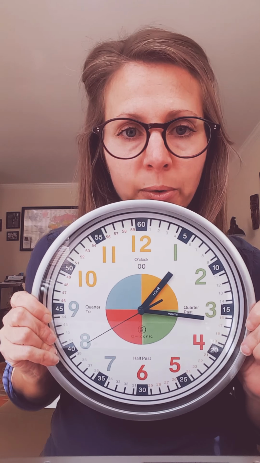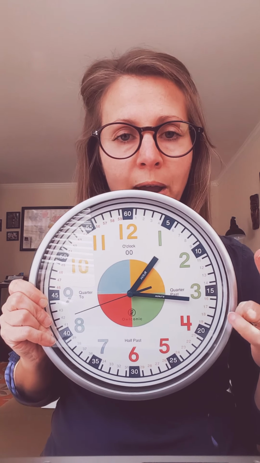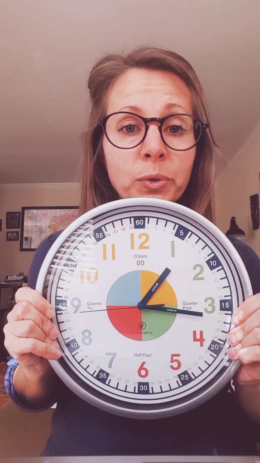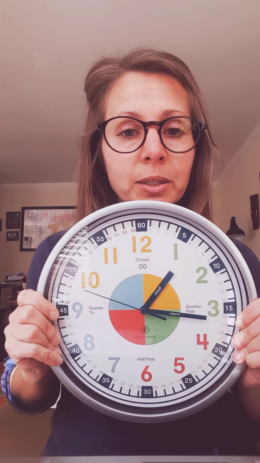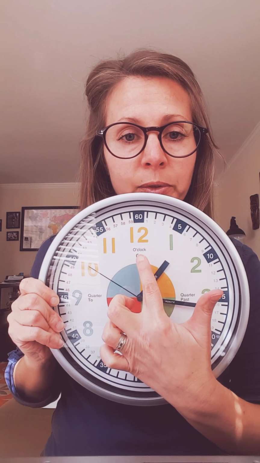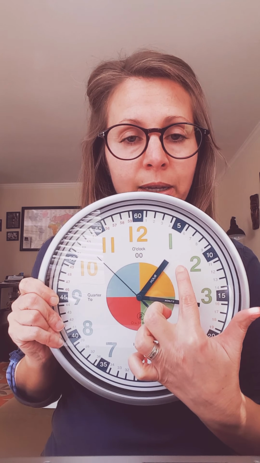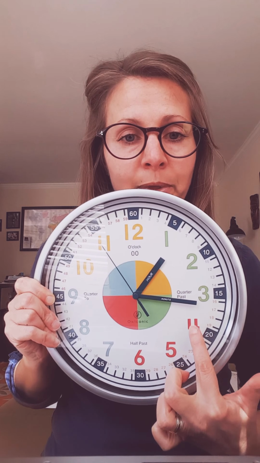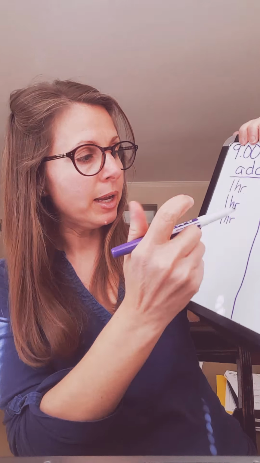Well, we know that if you go around the clock, each rotation is 12 hours, and there's 2 12-hour rotations in a day. One rotation is for AM, one rotation is for PM. So now, if we look, here's the 12, we're going to go to 1 o'clock and proceed on from there.